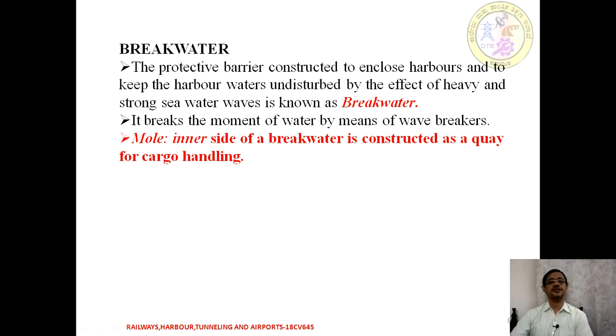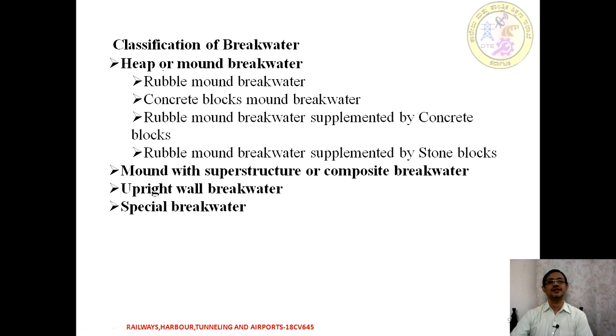So these two, that is the mole and breakwater, have to be considered in the proper designing of the harbor. Next is the classification of types of breakwater. As we have seen what exactly the breakwater is and its function, we are going to have different types of breakwaters, classified mainly into 3 to 4 types.